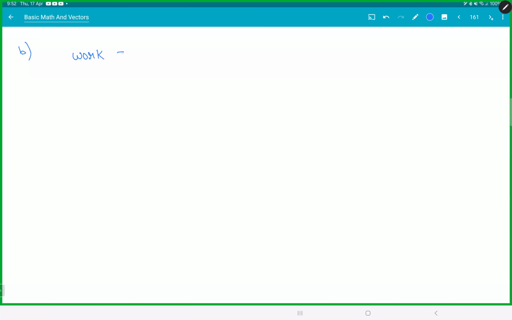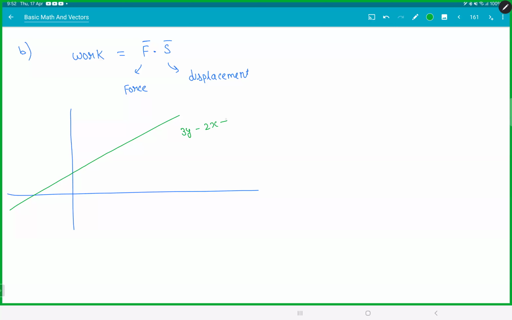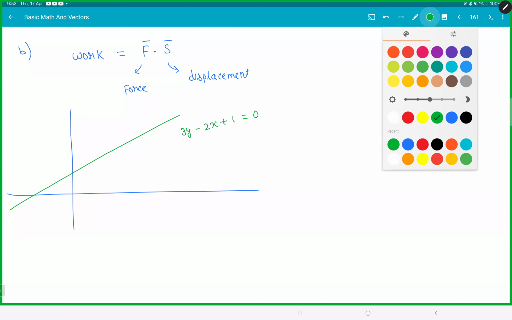So work done is given by force dot displacement. And here we came to know the particle is going on a line. So we have a line here, 3y minus 2x plus 1 is equal to 0.